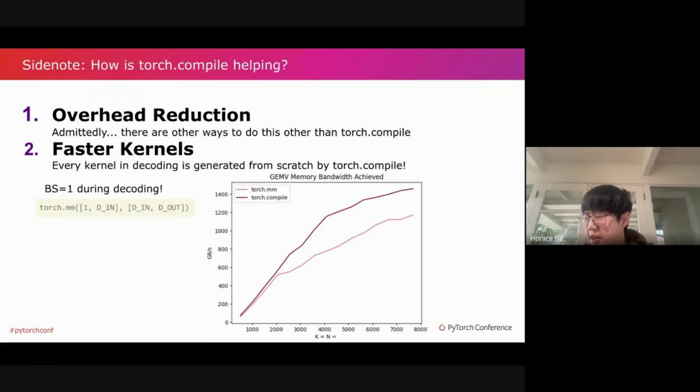For example, for FP16 GEMVs, cuBLAS does not even have a specialized GEMV kernel, while they do for FP32. That would be my guess as to why the kernels they've generated are not as fast.